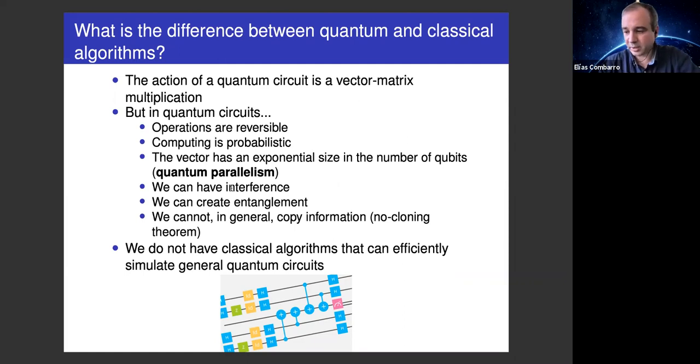At the end, we are just multiplying matrices with vectors, because the information that we have in these qubits is just a vector in a Hilbert space, and the transformations that we are doing with this information come from linear transformations. Okay, so you may think that this is just a particular case of what we have in classical computing.